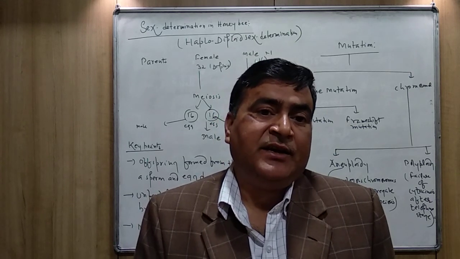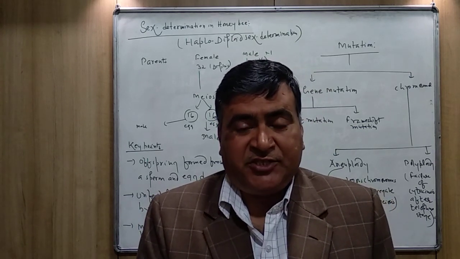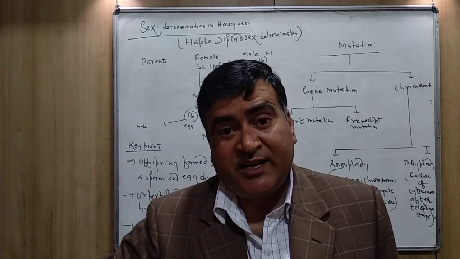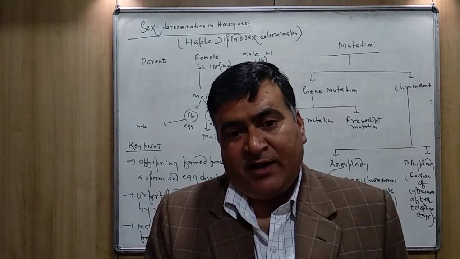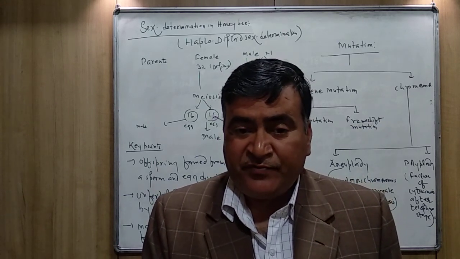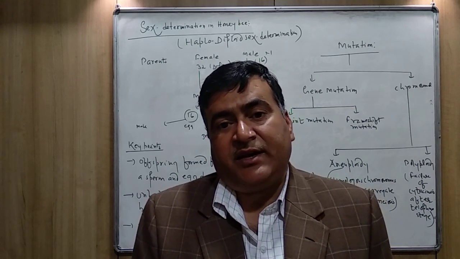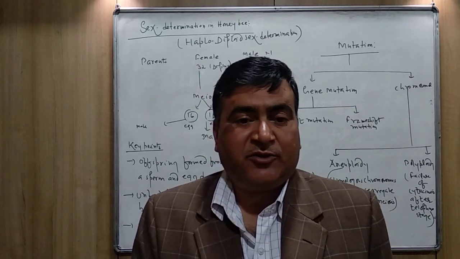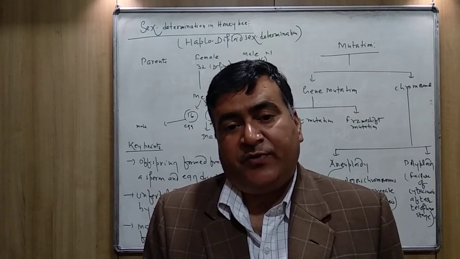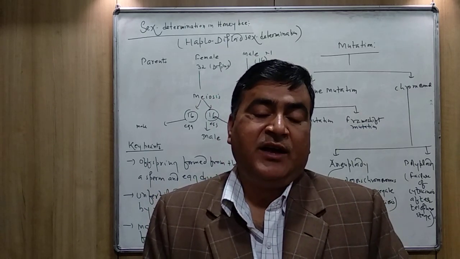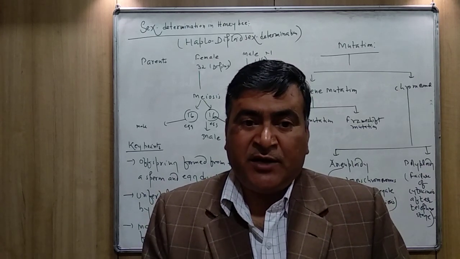So if the egg is unfertilized, it can produce the male parthenogenetically, and the male has 16 chromosomes. The male produces the sperms, and each sperm has 16 chromosomes. The sperms are produced by the process of mitosis. When the sperm is fused with the egg, again the zygote is formed, which develops into the female.